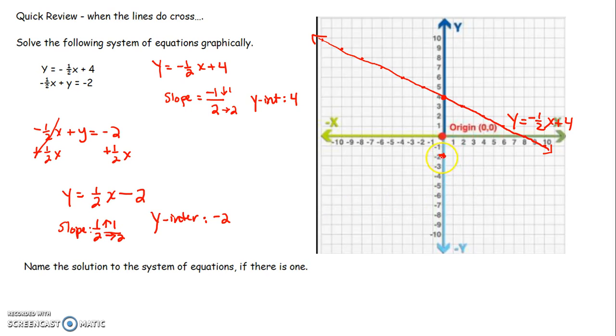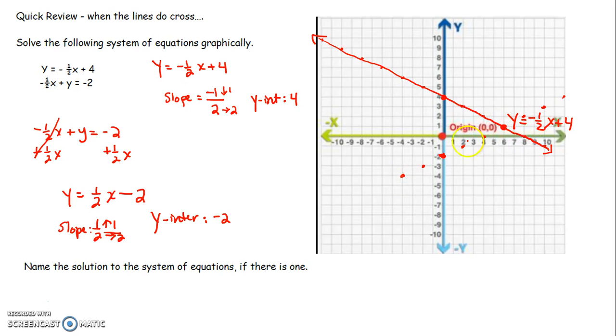So from your y-intercept, move up 1, move right 2, and repeat. Ooh, they're going to cross right there. Then I can go the other way: move down 1, move to the left 2.